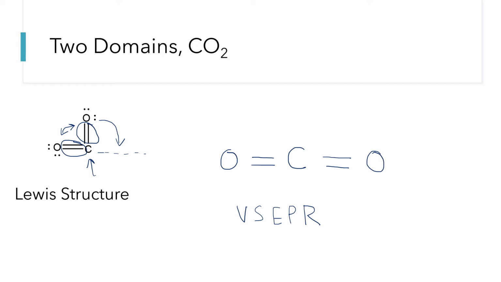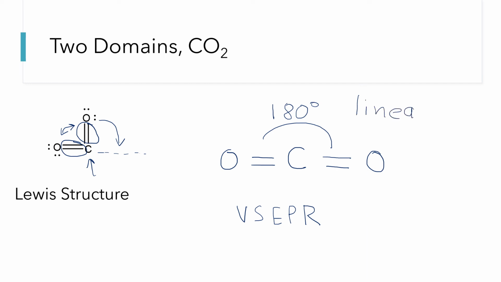Another thing I wanted to point out is that putting these oxygens on opposite sides of one another gives us a bond angle of 180 degrees, which is the bond angle in a line. And so that's how the shape is named. The name of this shape is linear.